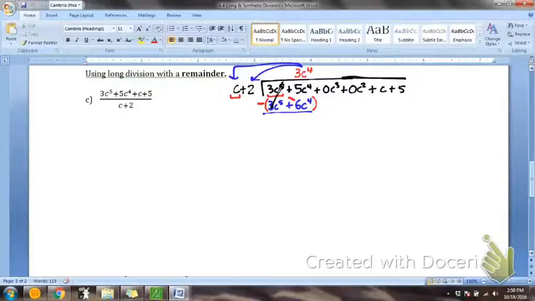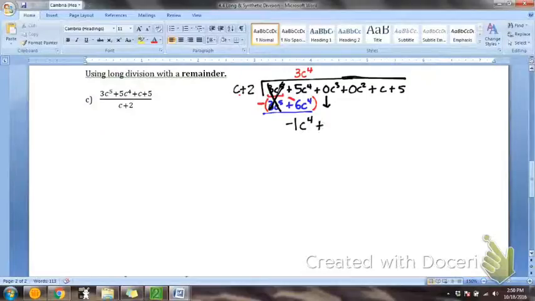So now my 3c to the 5th is gone. What is 5 minus 6? Good. Negative 1c to the 4th. Excellent. Then we go back and ask ourselves. Wait, before we ask, what do we have to move down? 0c.